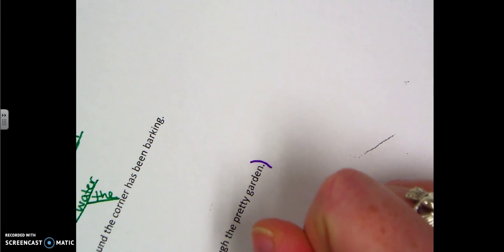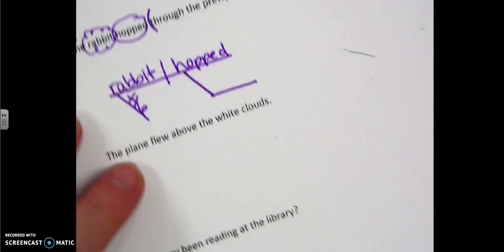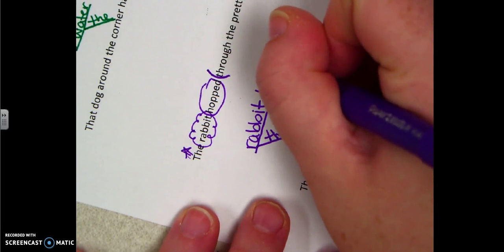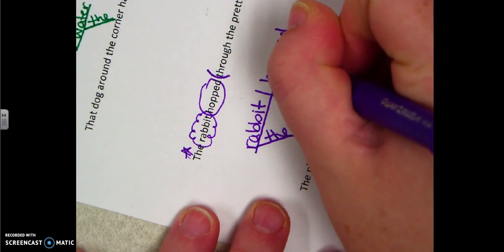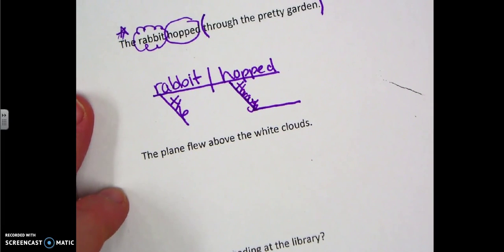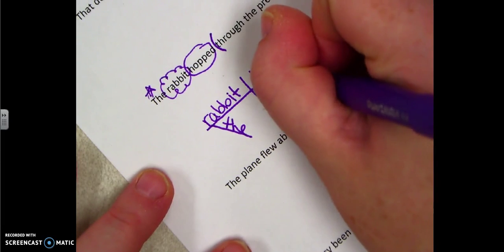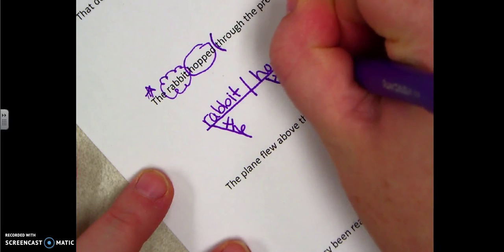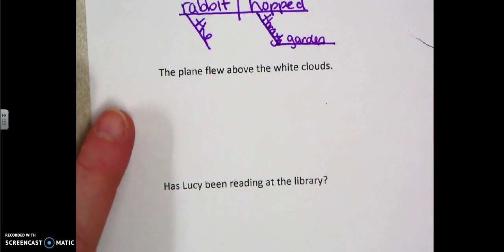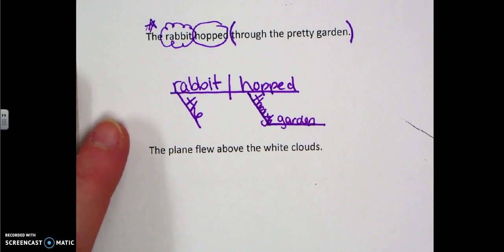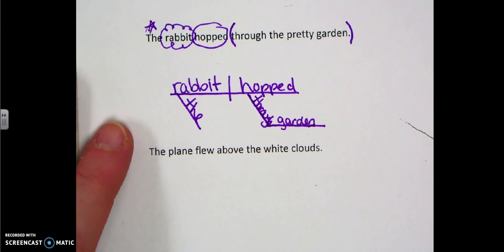So draw your diagonal line and your horizontal line. There you go, just like that. On our diagonal line put your preposition. And we're going to put our object of the preposition on the horizontal line. And we have two more words in that prepositional phrase, the and pretty.